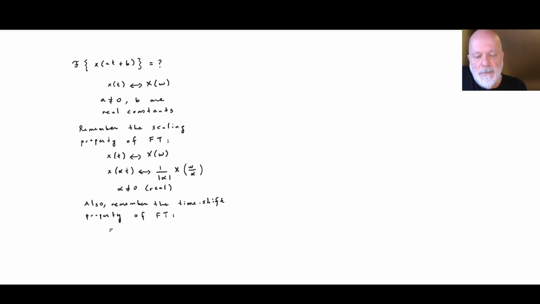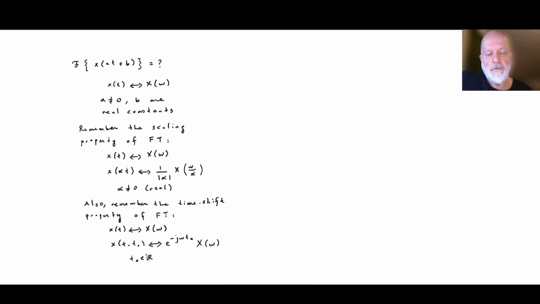That means if we have the Fourier transform pair x of t and X of omega, x of t minus t0 has the Fourier transform e to minus j omega t0 X of omega. Here t0 is again a real valued constant.